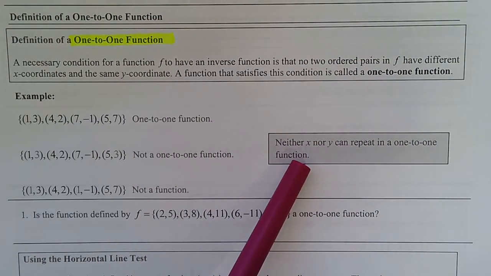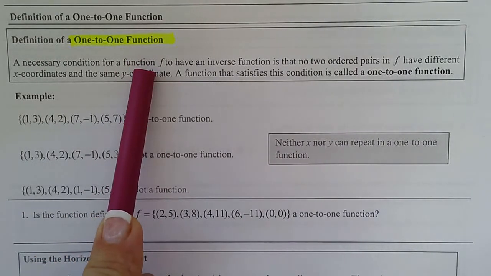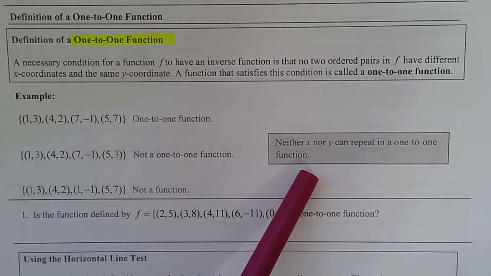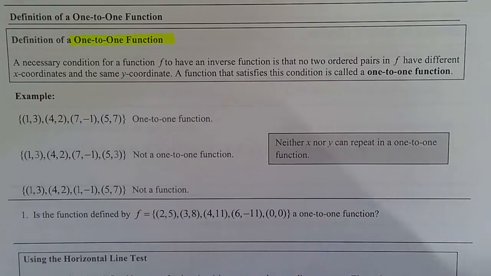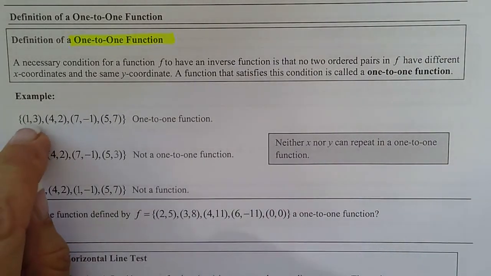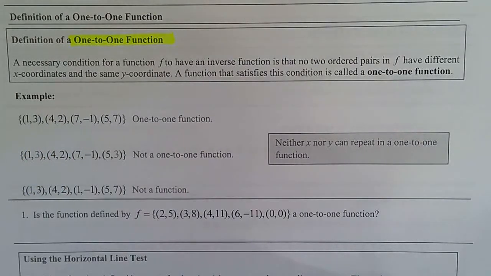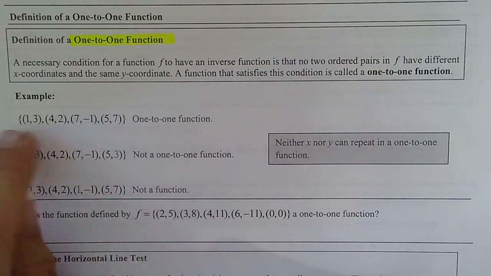Because I read that and I go, what the heck are they trying to say? So this is me in this box. I made this box to better explain it. So when you were in probably Math 091 or high school, you learned that a function is, if you check all the x coordinates, none of them can repeat, right? So this is a function because all the x's are different.